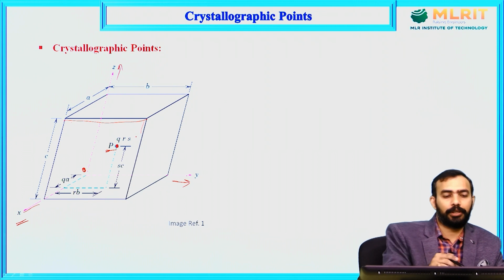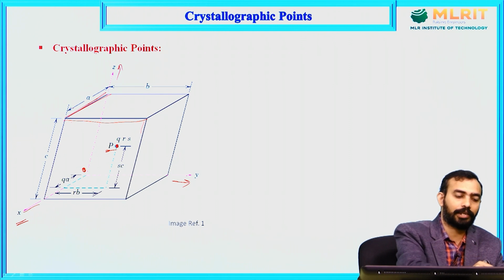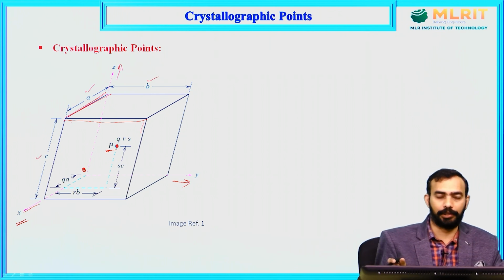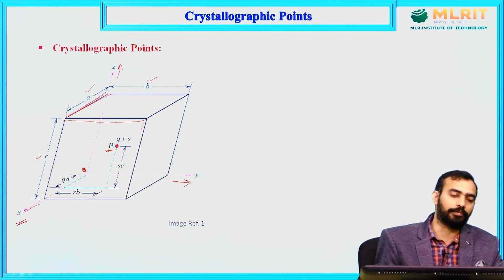So how do we do that? Let us assume the lattice constants, that is the edge lengths of the unit cell: in the x direction you have lattice constant a, in the y direction it is b, and in the z direction it is c. Three edge lengths in the x, y and z directions, a, b, c.